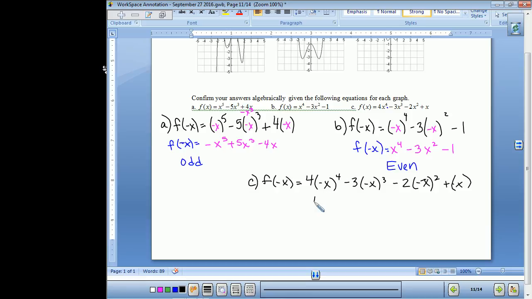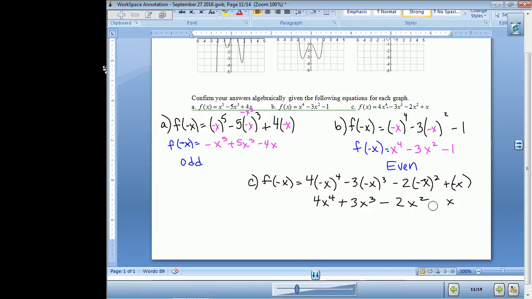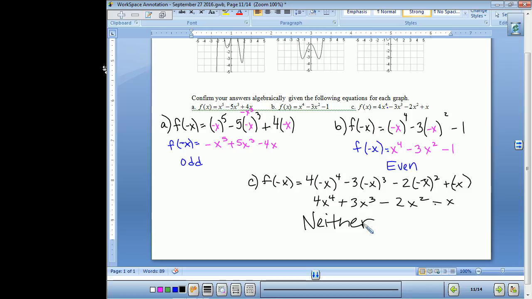But this gives us positive 4x to the fourth. This becomes positive 3x cubed. This stays negative 2x squared. And this is positive x. So this one stayed the same. This one changed. Same. Oh, wait, hold on. That's negative x. So stayed, opposite, neither. It is neither even nor odd in terms of symmetry of the function.